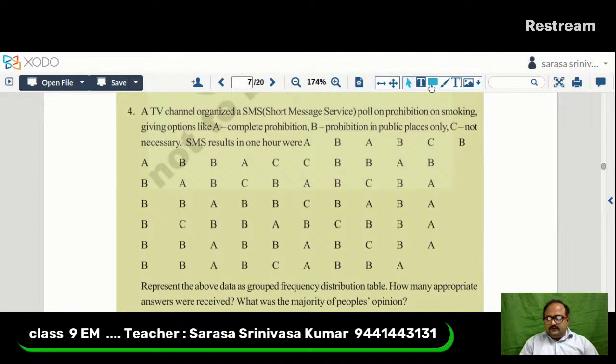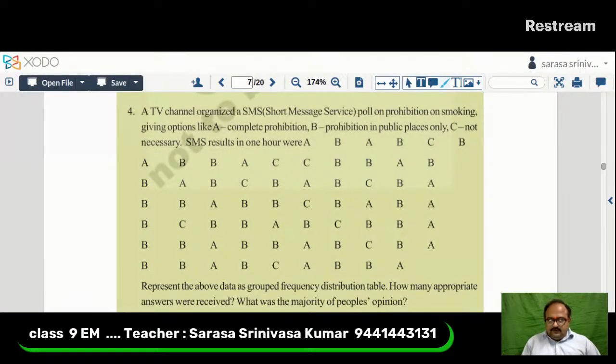A TV channel organized a short message service, that is SMS poll, on prohibition of smoking. They have given some options A, B, C.